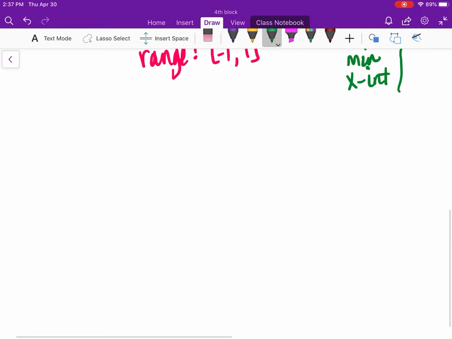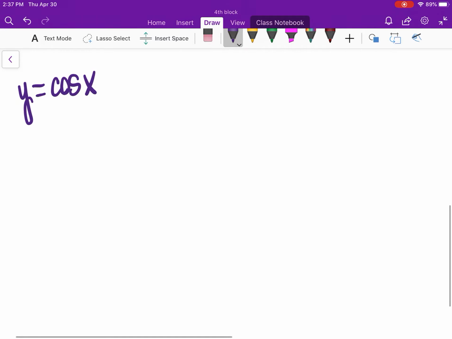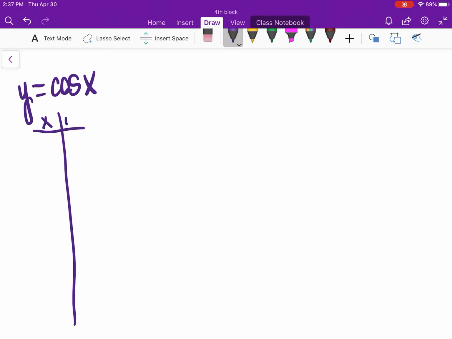Okay, moving on to cosine. We'll make a t-chart again. Okay, and we know that our x-coordinates repeat just like our y-coordinates did, just in different spots, but the numbers themselves are the same.